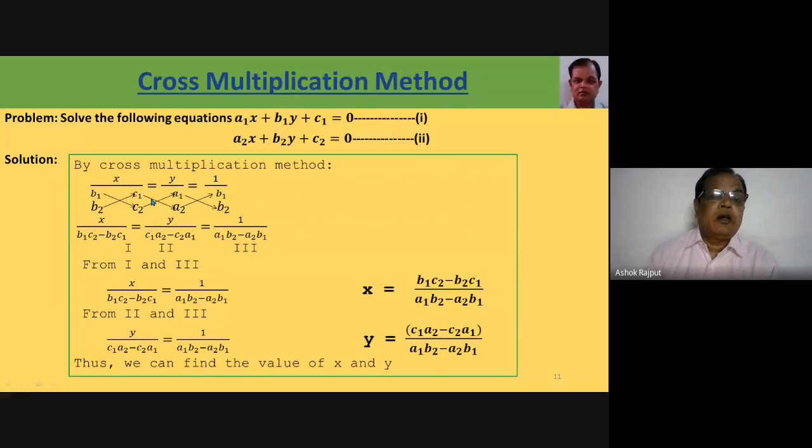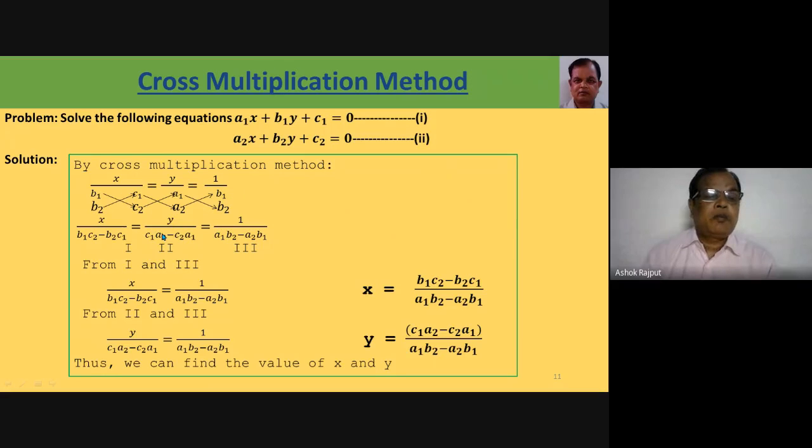Under y there should not be any coefficient of y, so we have written a1, a2 and the constant c1 and c2. So the first term we write last.